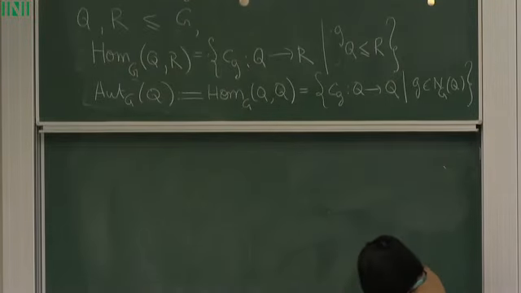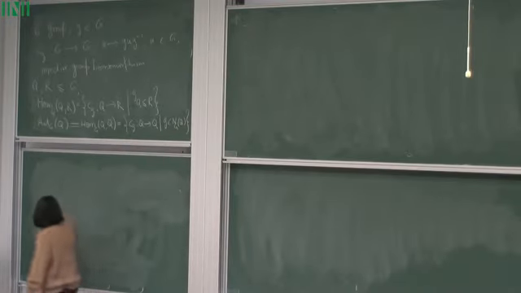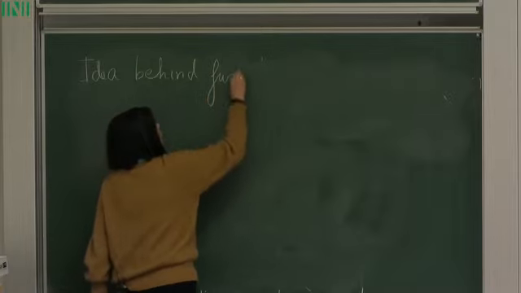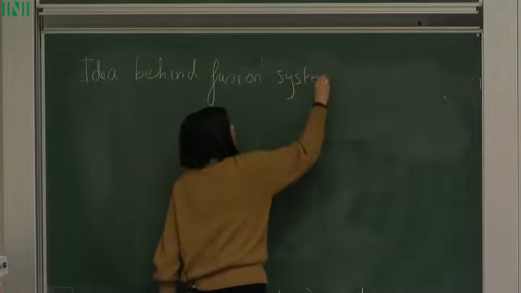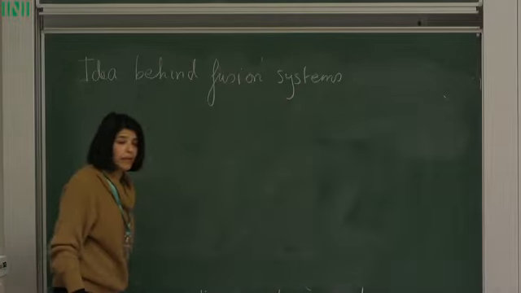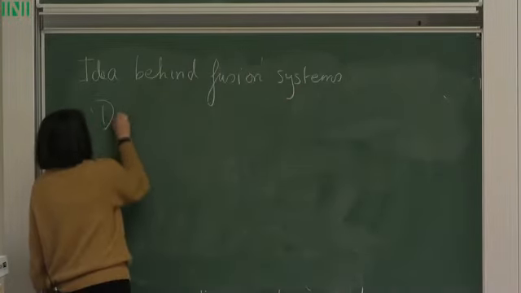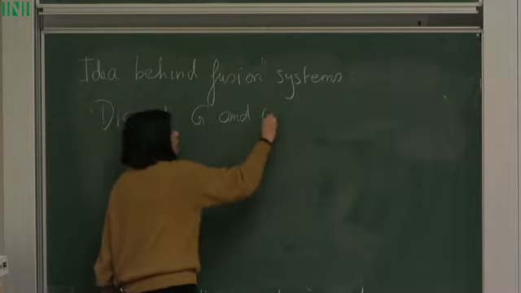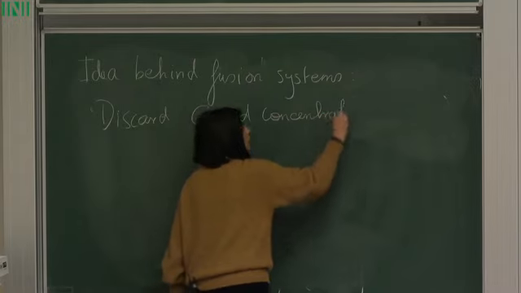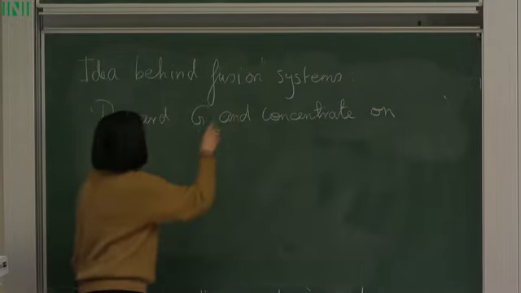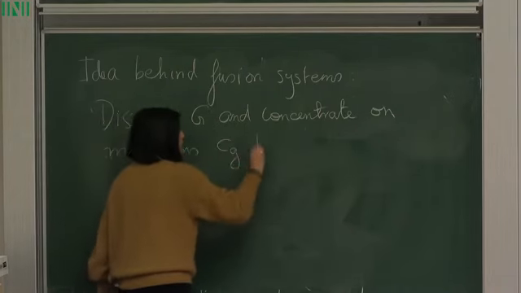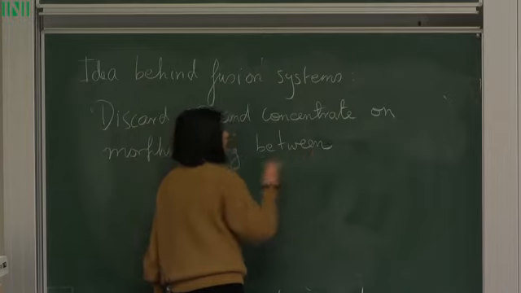And the idea behind fusion systems is just very easy, and it is to discard the group G and just concentrate on these morphisms between subgroups.